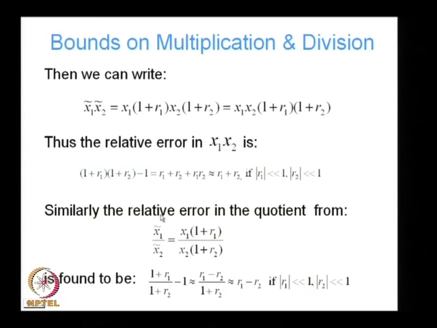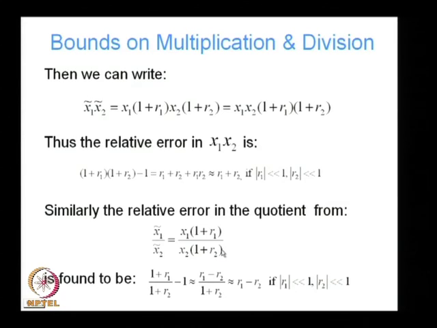Similarly, the relative error in the quotient can be evaluated. For instance, x1 tilde by x2 tilde, which is the quotient of x1 and x2 in terms of its numerical solution, can be written as x1 times 1 plus R1 divided by x2 times 1 plus R2.